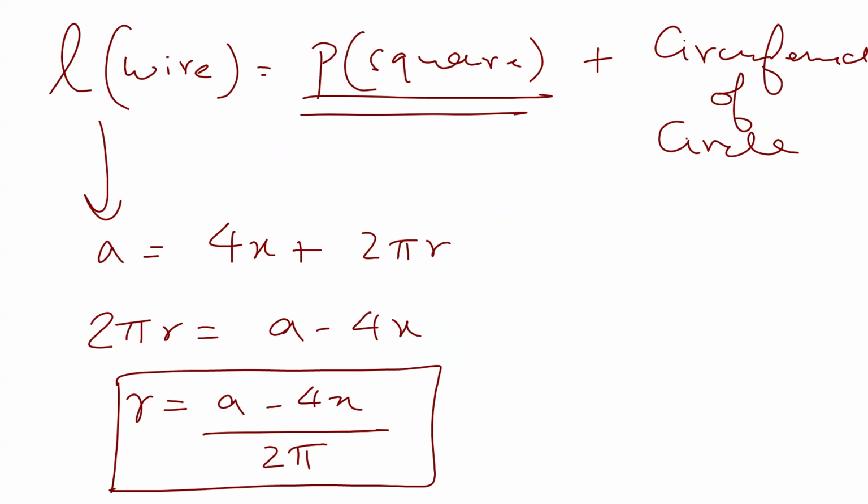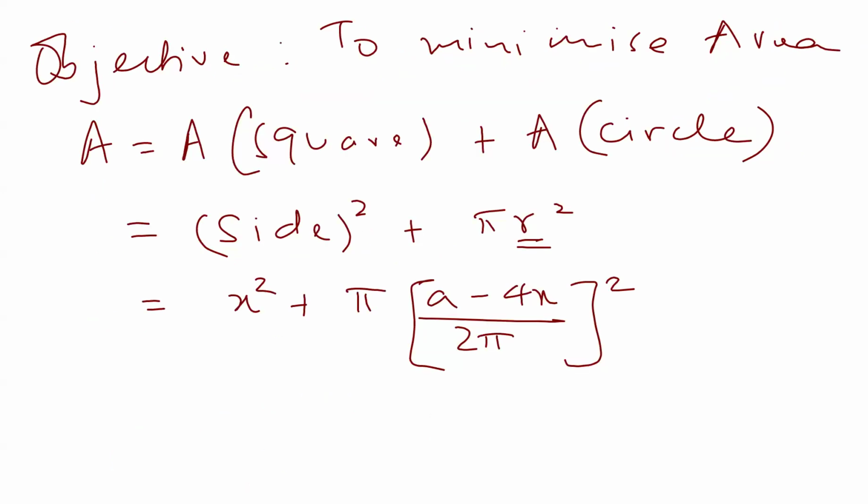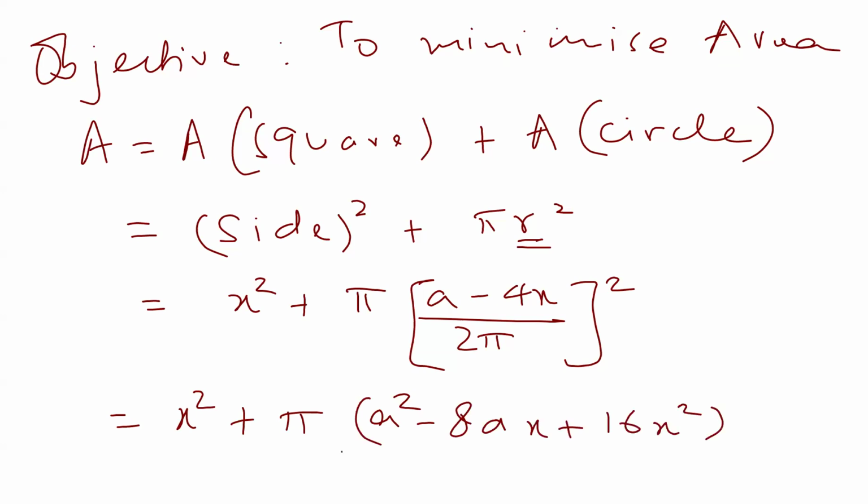Then this we are going to simplify. X square plus pi A square minus 8Ax plus 16x square upon 4 pi square. So this pi and this pi is gone.